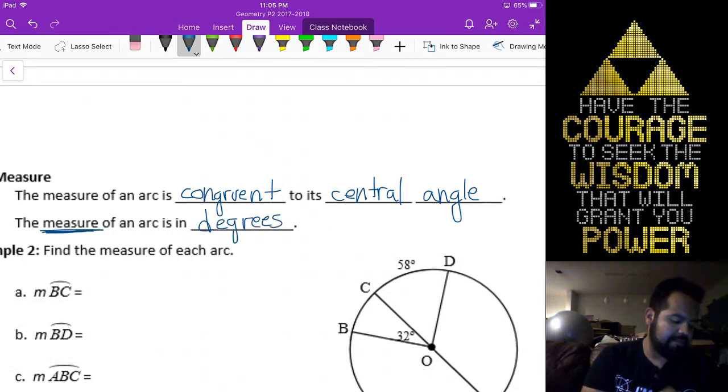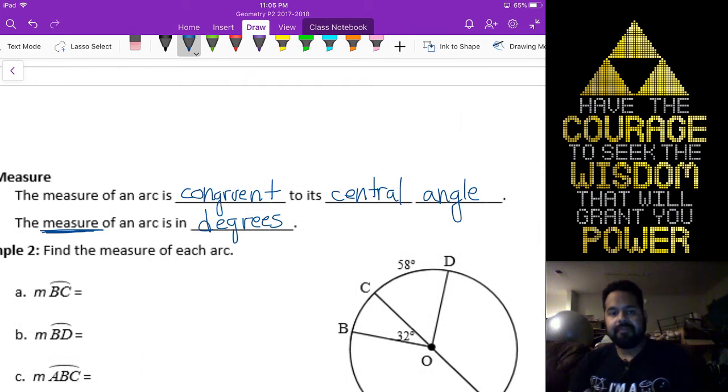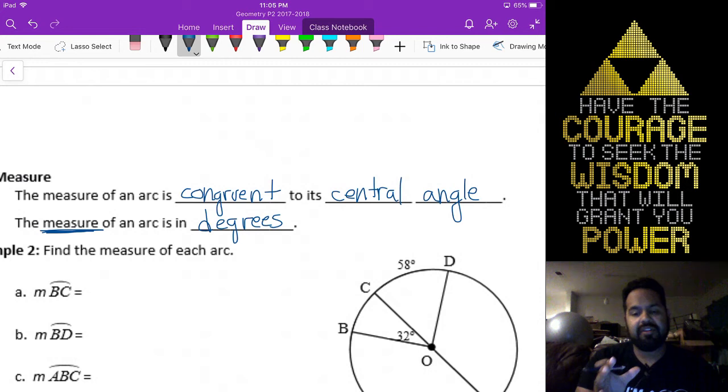Key phrase, measure. Later on, we're going to be talking about arc length, and so it's going to be good for us to distinguish the difference between measure and length. You measure the arc in degrees. You find the length of it with a unit. It could be inches, it could be feet, miles, whatever we use.